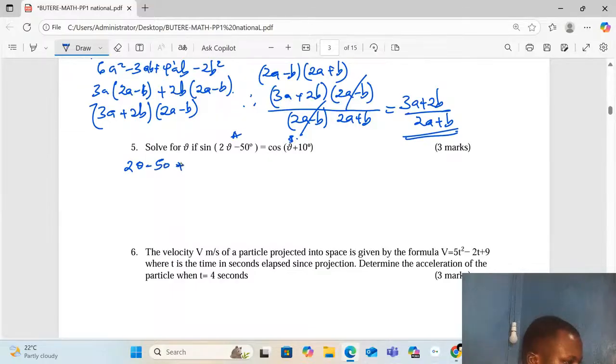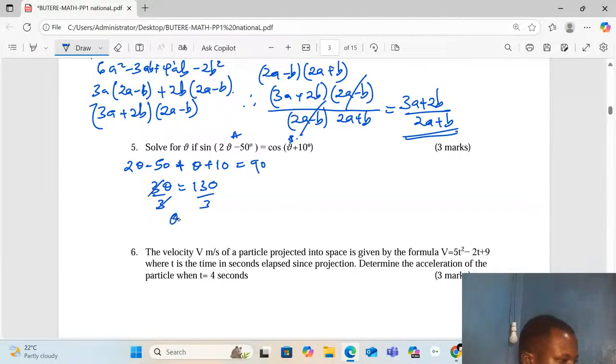We are adding the 2 theta plus 10 degrees, which gives us 90 degrees. So we collect like terms. So we're having 3 theta. Now we move 50, so we shall have 90 plus 50, then minus 10. So we have 130.